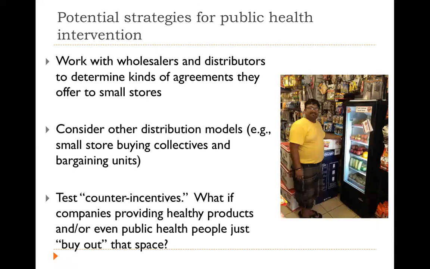We should also consider other distribution models, such as small store buying collectives and bargaining units, so that small stores, which typically buy very small amounts, especially of healthier foods, if at all, have some bargaining power based on collective purchasing. We could also test something which might be termed a counter incentive. What if we, as public health people, bought out space in the store for healthier foods? Is that a viable alternative? Something similar to what companies or distributors do in those stores. Next slide.